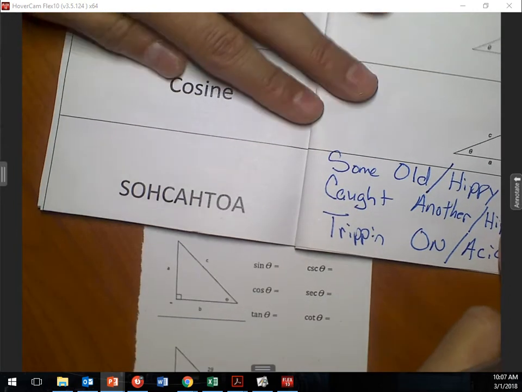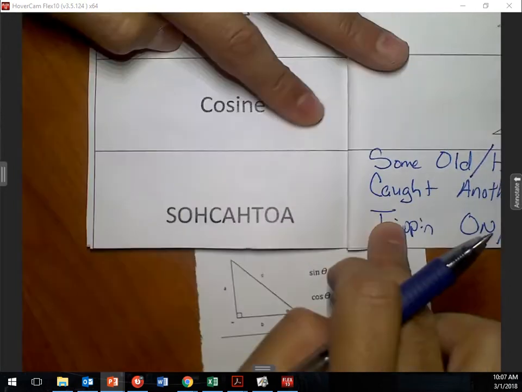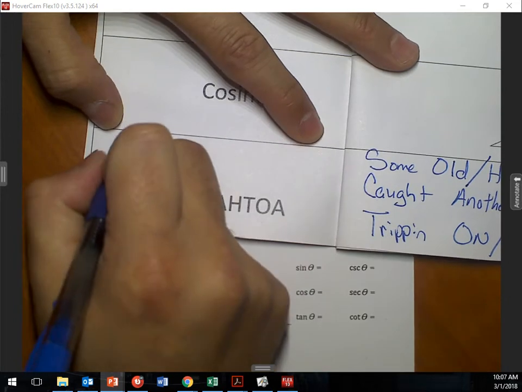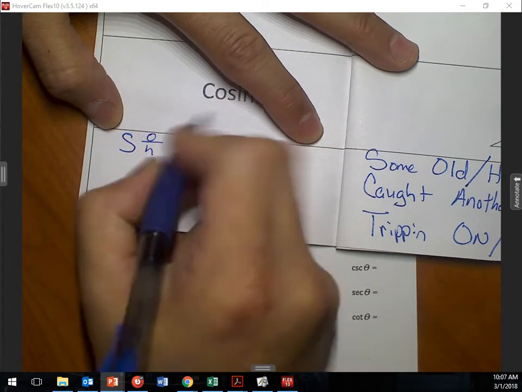This is the whole mnemonic. And what it stands for is sine is opposite over hypotenuse.